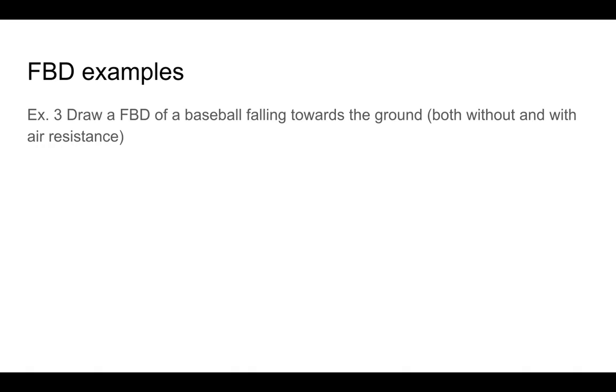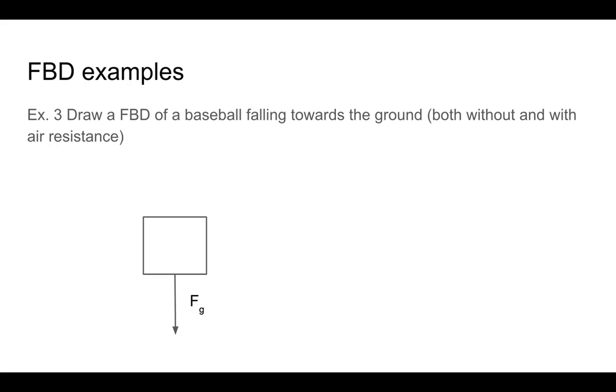All right, example number 3, we want to draw a free body diagram of a baseball falling towards the ground, both without and with air resistance. So we'll first draw the free body diagram without air resistance. So here's my baseball. Again, beautiful baseball. Now the baseball's on the earth, so the first force that I'm going to draw is the force of gravity downward, because that's what is pulling that baseball towards the ground, causing it to fall towards the ground.